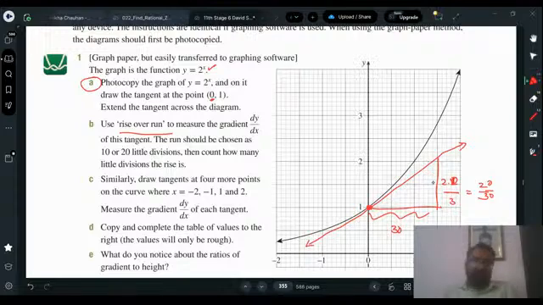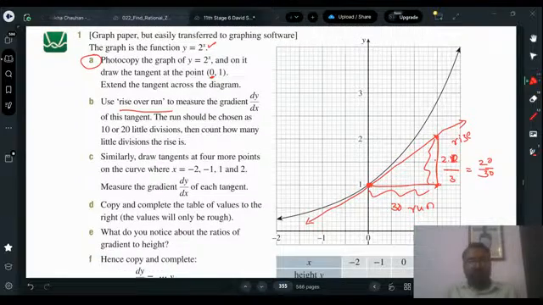Rise means up, run means forward. So this is the run, this is the rise. These are the 20 units, 1 to 2, and these are the 30 units. Okay, 20 by 30. So similarly, draw the tangents at 4 more points of the curve: -2, -1, 1, 2.